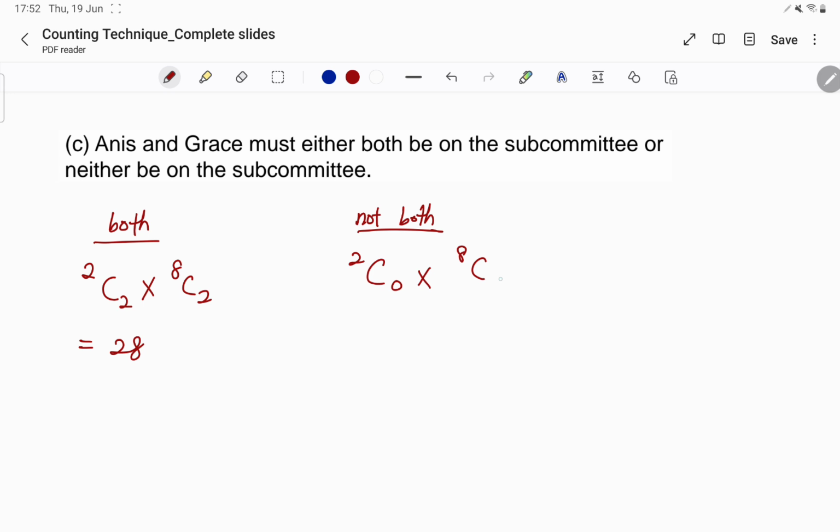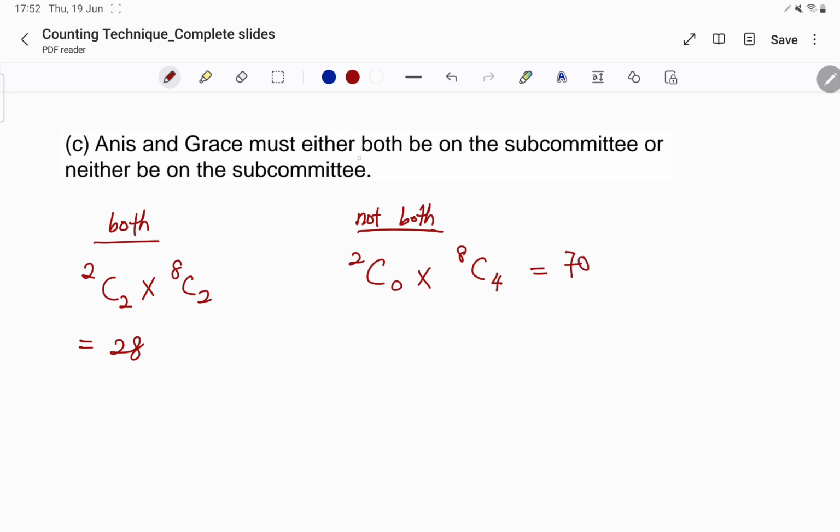So that's 8C4. Sorry, it's not 2C2, it is 2C0 multiplied with 8C4. The answer is equal to 70 here.